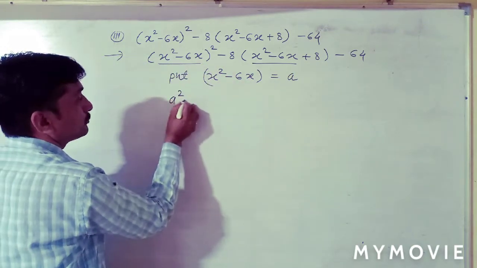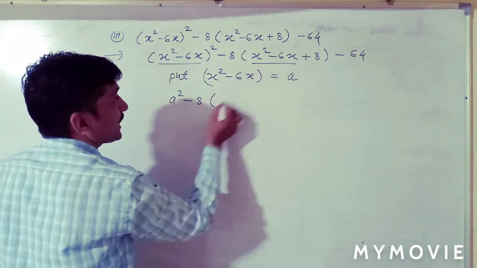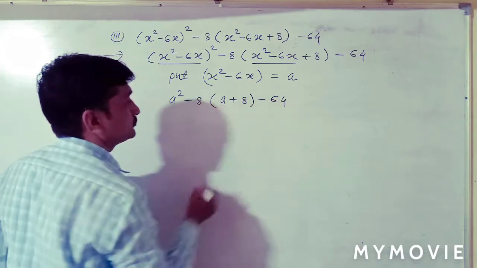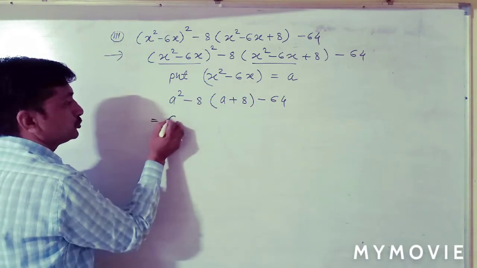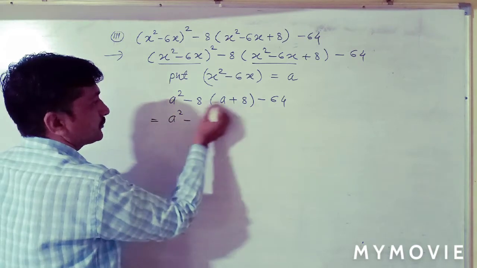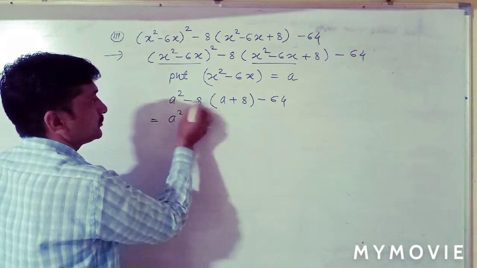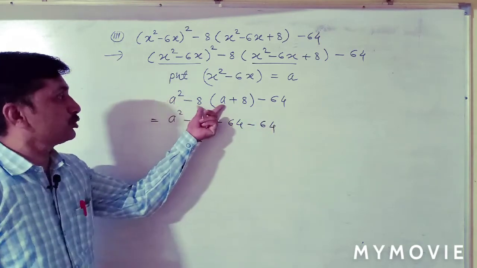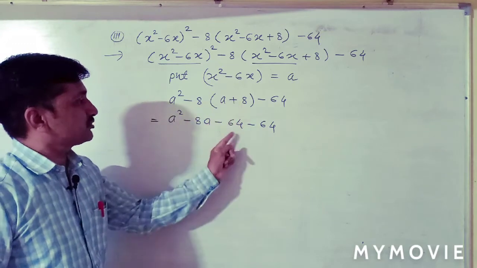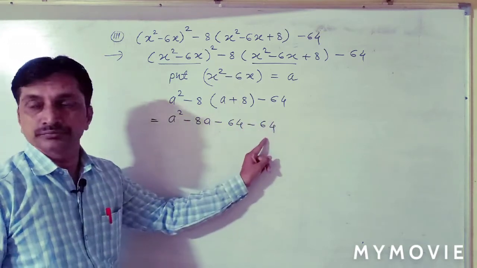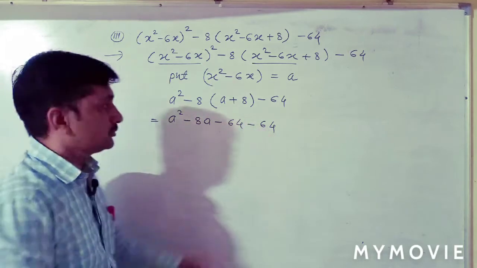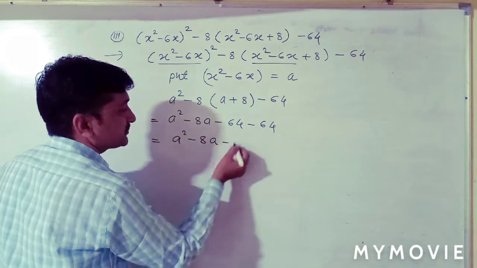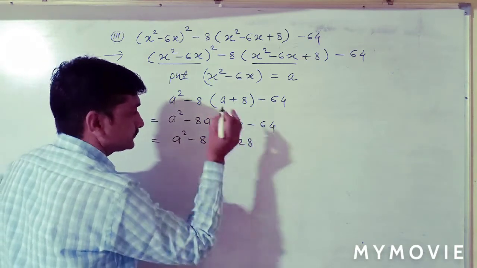Here a square minus 8 in bracket a plus 8 minus 64 is equal to a square minus, now multiplying, 8a minus 64 minus 64. Correct? 8 into 8, 8a minus plus minus 8 is 64, this 64. Correct? It is equal to a square minus 8a, now here minus 128.